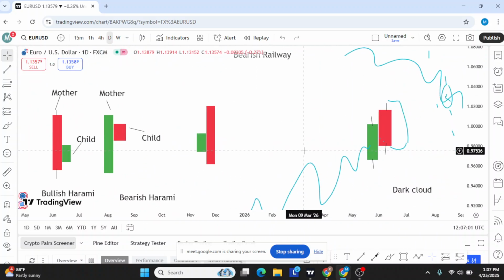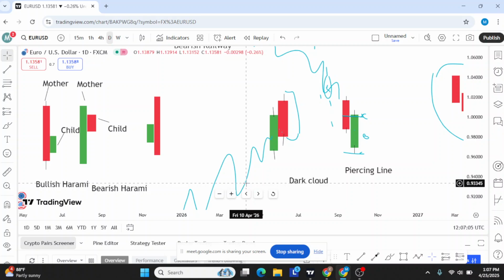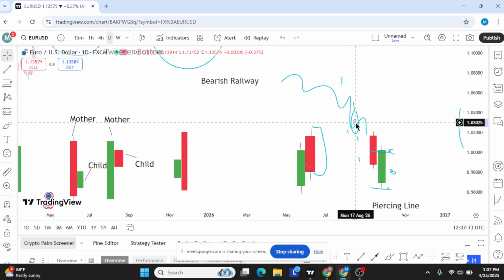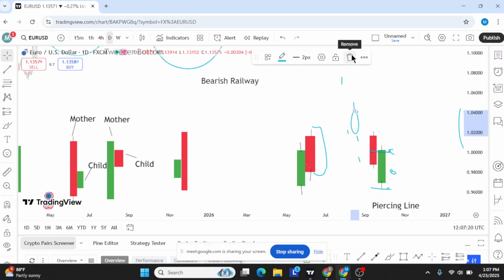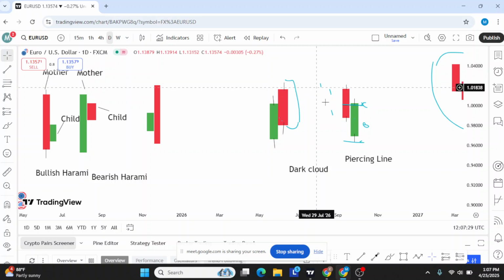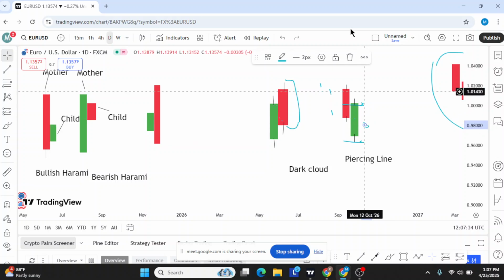So today, we will dive into the majority of the candlestick patterns we've discussed in previous classes, to make sure we really understood them, and that we are able to identify the majority of these candlestick patterns on our chart.